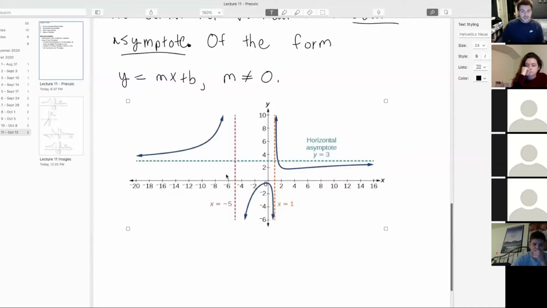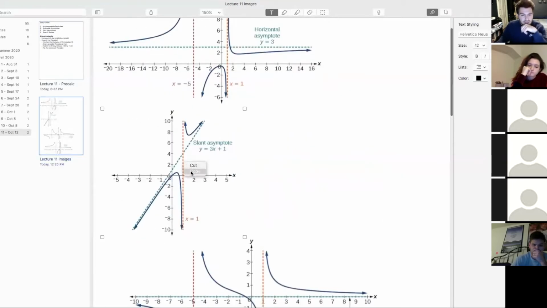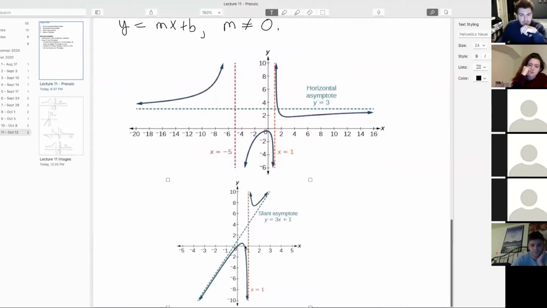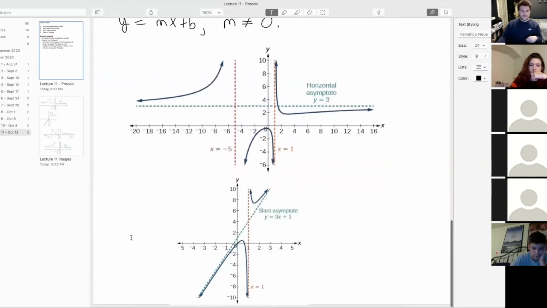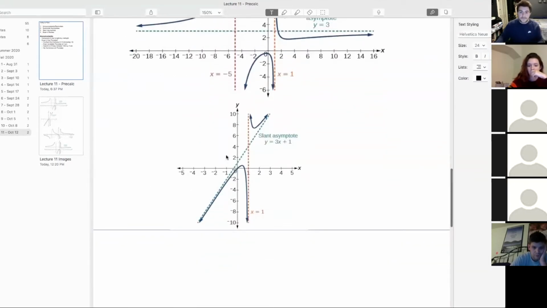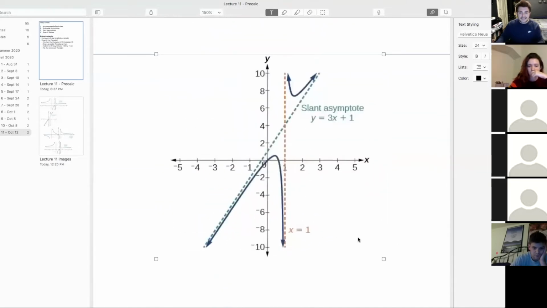And now let's look at a slant asymptote. These are kind of cool. Okay, again, it's the same principle.